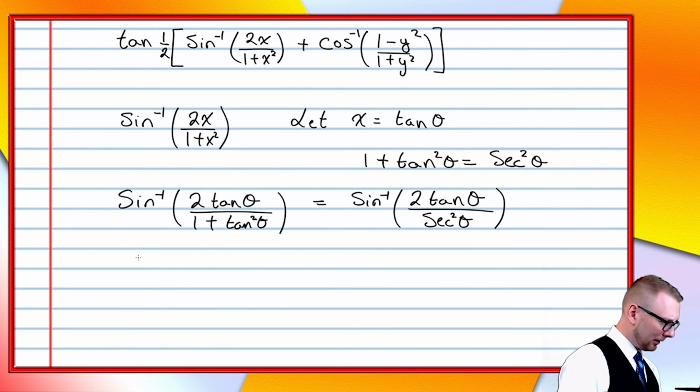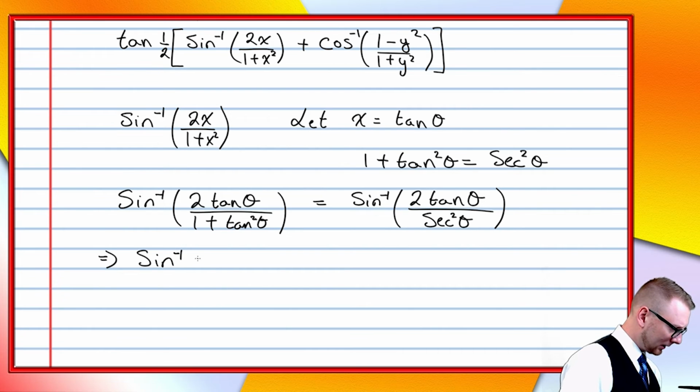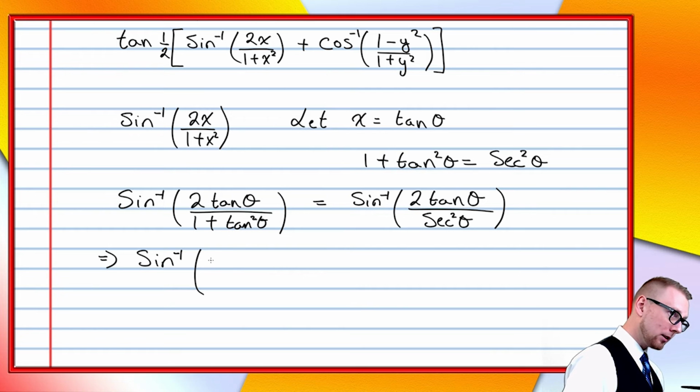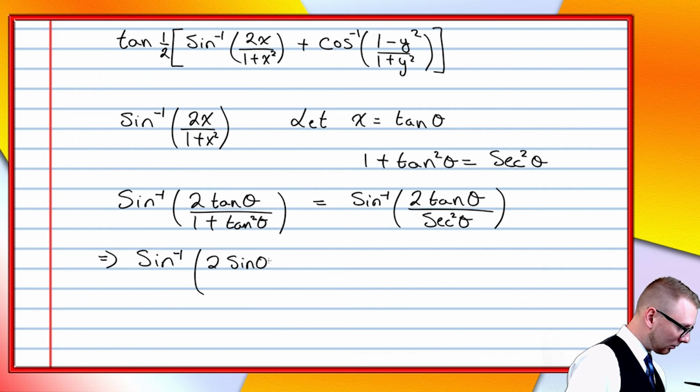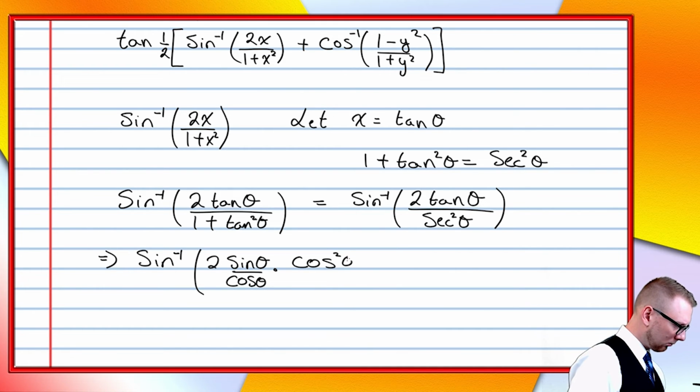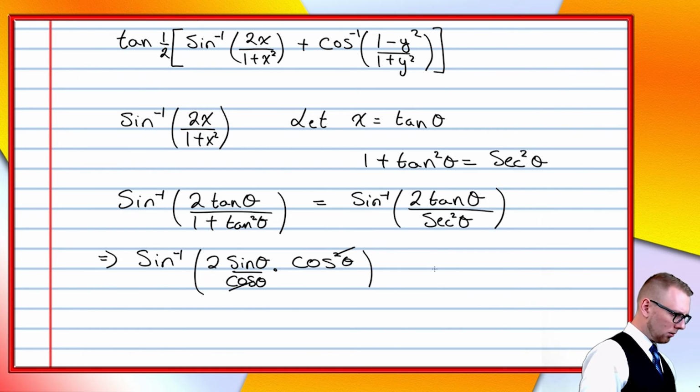Let's keep going here. This is sine inverse. Well, 2 tan theta, that's sine over cos. So 2 sine theta over cosine theta. And 1 over secant squared is cos squared. Well, one of these cosines cancels out.